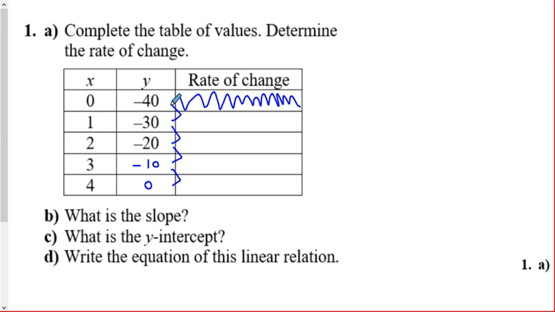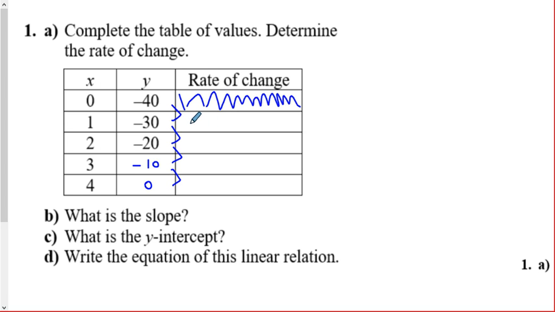But there is actually a way to write that out mathematically. Here's how we do it. We take our later one, negative 30, and we subtract our earlier one to figure out the difference. Let's just start that over.